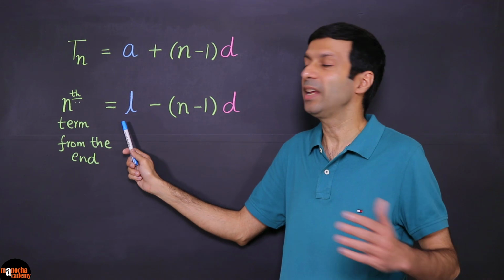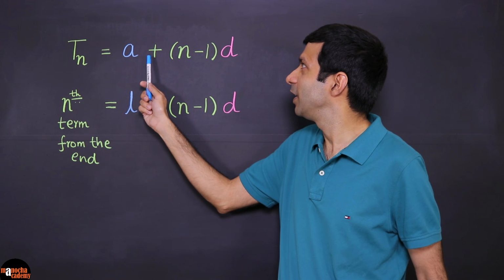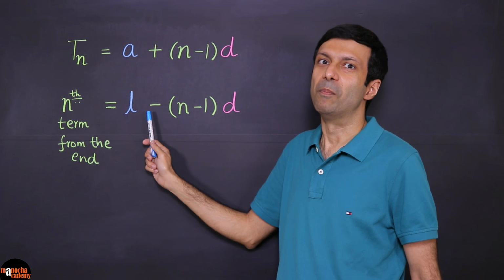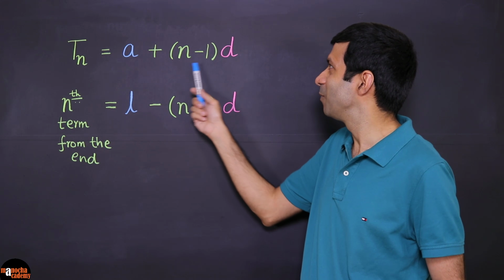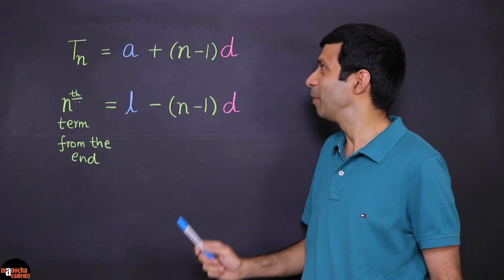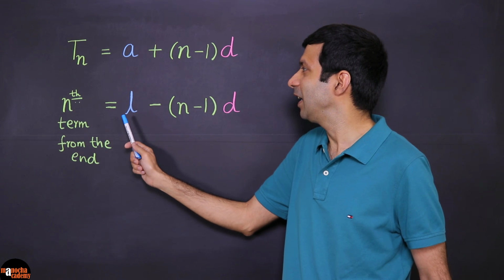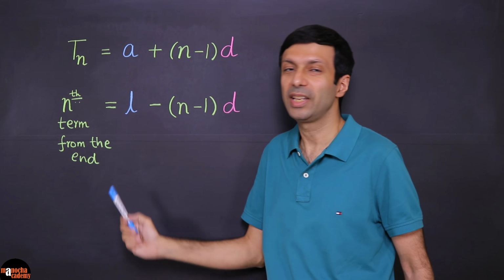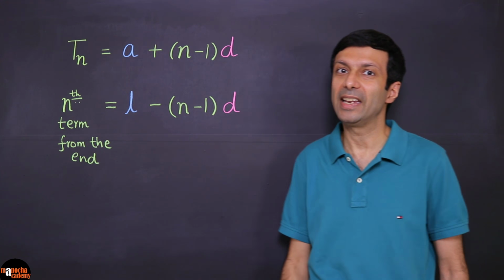Because we are counting from the end, and you just have to change this plus into a minus. Okay, the rest of the part remains same, n minus 1 into d. So remember that easy way, just change the A to L and the plus to a minus, and you'll get the formula for the nth term from the end.